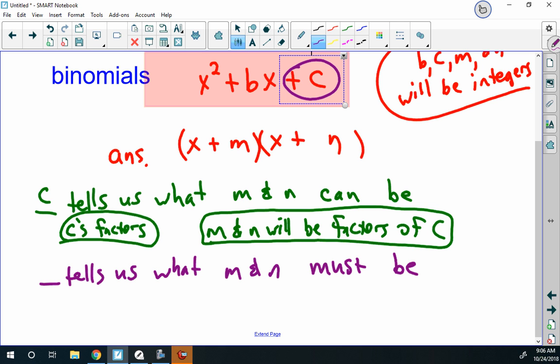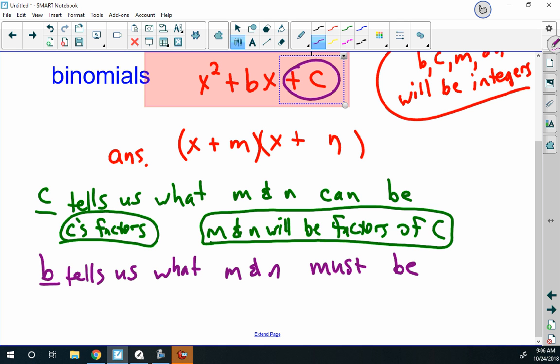What tells us what M and N must be? Well, we said C tells us what they can be. Let's get B. B tells us what M and N must be.